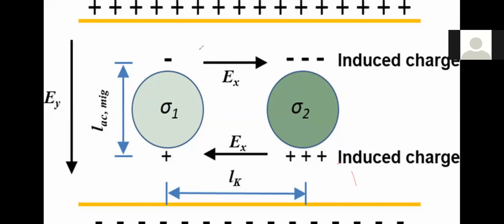This is induced. You are just trying to create two kinds of poles separated from each other. This is the basic phenomenon of induced charges.